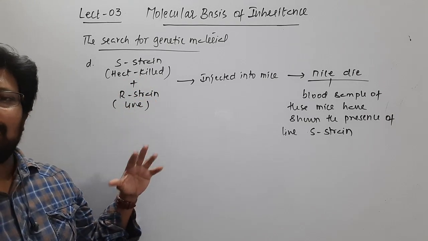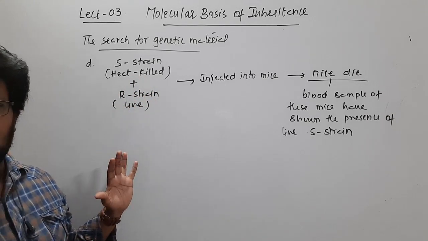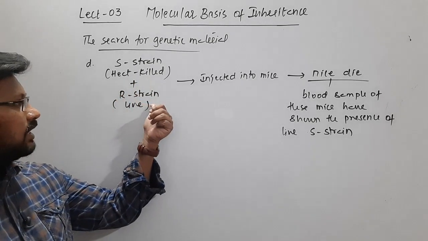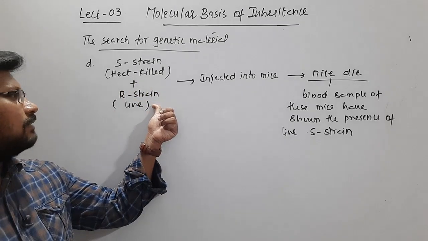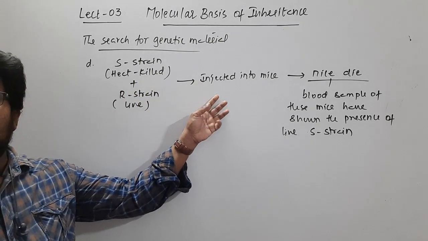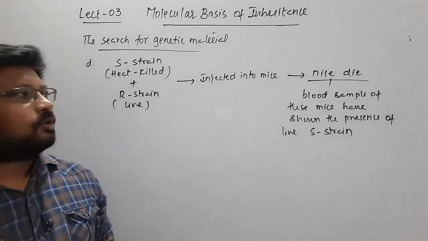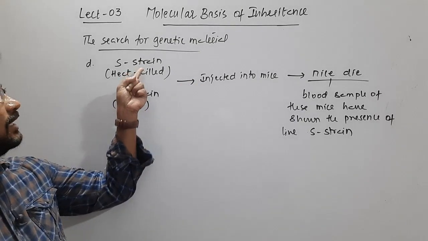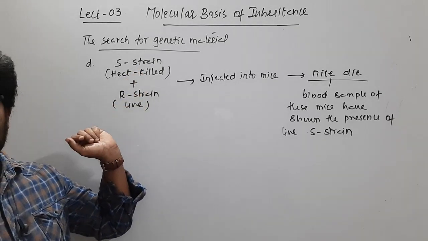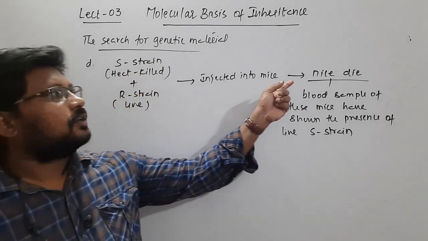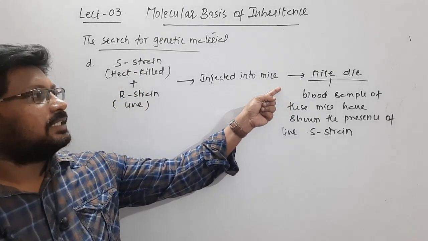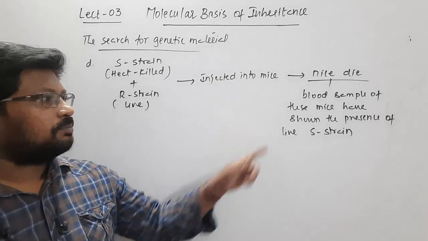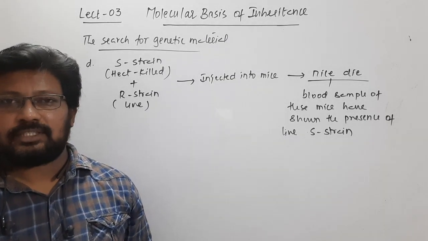Whatever S strain he had taken, they were all dead. He ensured that all were dead, and then he mixed them with the live R strain, then injected into mice, and to his surprise, actually the mice should not die, because he had already killed the S strain that actually causes disease. But to his surprise, he saw the mice died, and the blood samples from those dead mice showed the presence of live S strain.